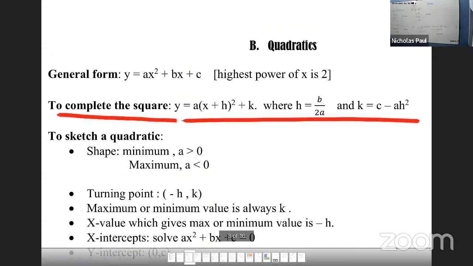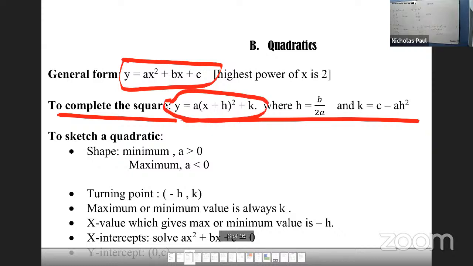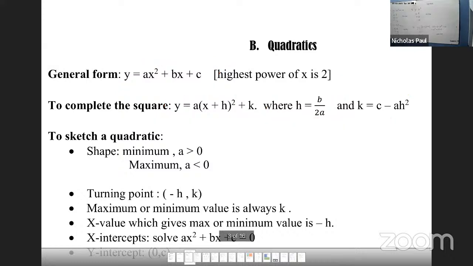When you complete the square, you're taking this quadratic and writing it like this. You're changing the way it looks. Same quadratic, but you're making it look like this. To make it look like that equation, we need H and we need K. And I gave you the formula for H and the formula for K. I'll show you an example now, but first write that down. To complete the square, write down the form and write down the formula.